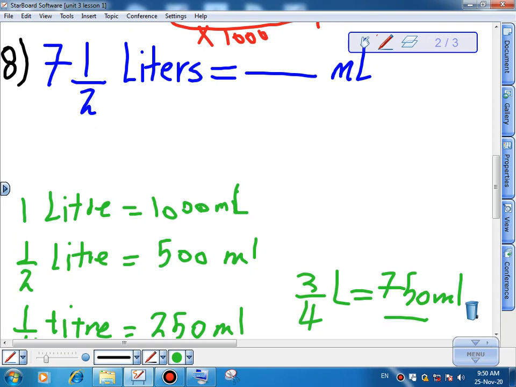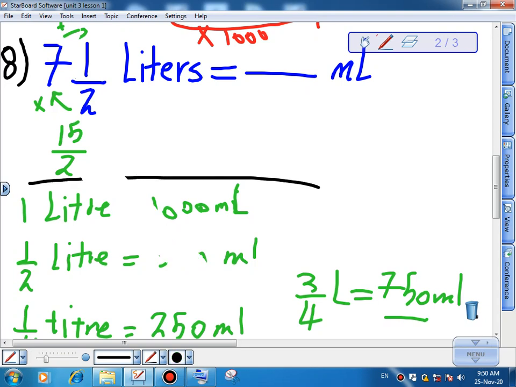Or I will convert this mixed number to a decimal number. Okay? So 2 times 7, then the result will be added to 1. 2 times 7 equals 14 plus 1 equals 15. Convert this fraction into a decimal number. We need to get the denominator equal to 10.